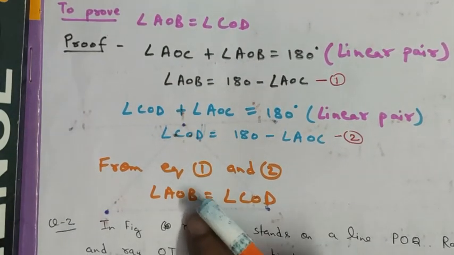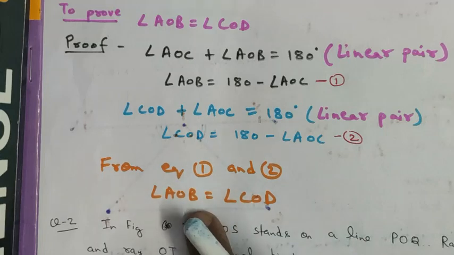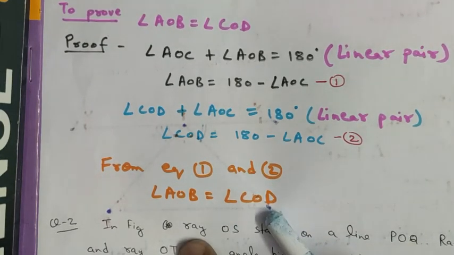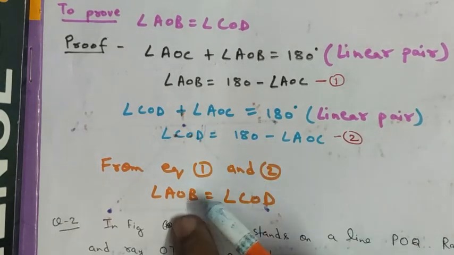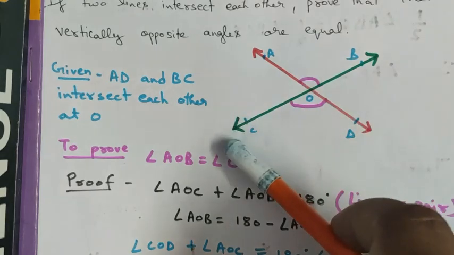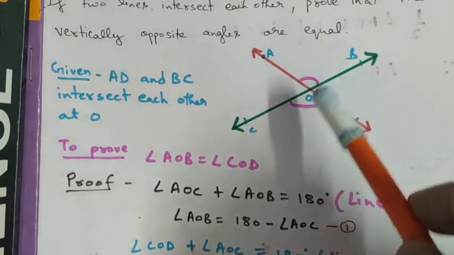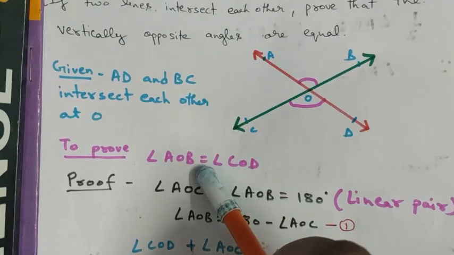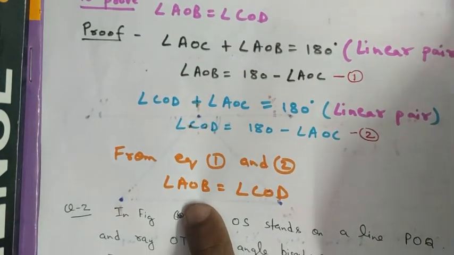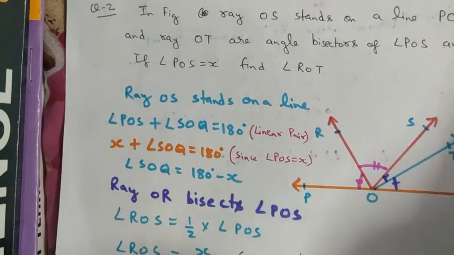So from equation 1 and equation 2, we can say that angle AOB is equal to angle COD. And we see here that angle AOB and angle COD are vertically opposite angles. This is what we needed to prove. So here we have proved the given. Now we will move to the second question.